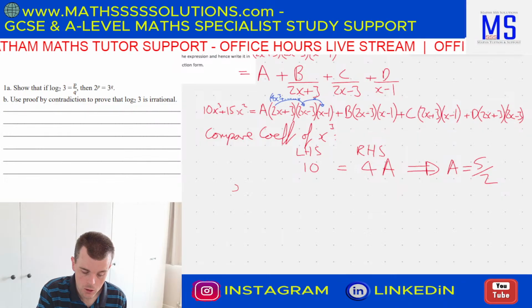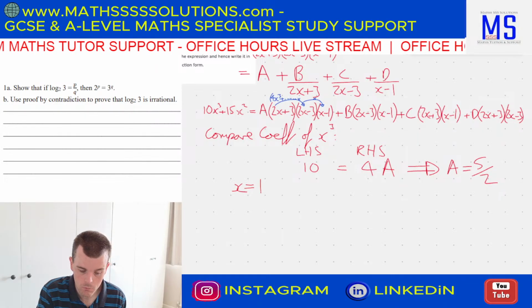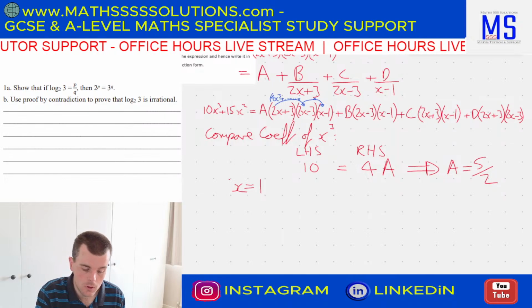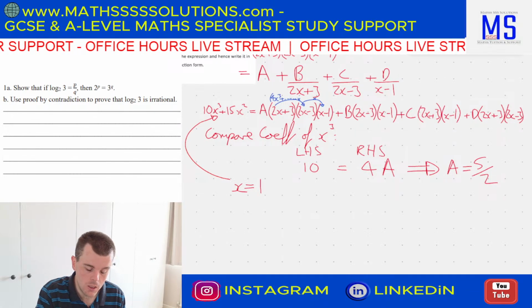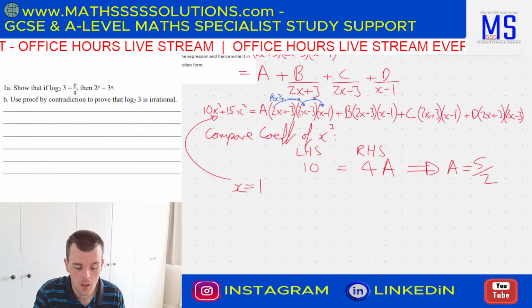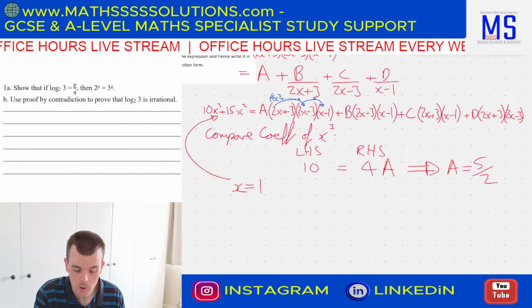So let's choose x equals 1. So you would have 10 times 1 cubed is 10, plus 15 times 1 squared is 15, and then add the 10 and 15 would be 25.